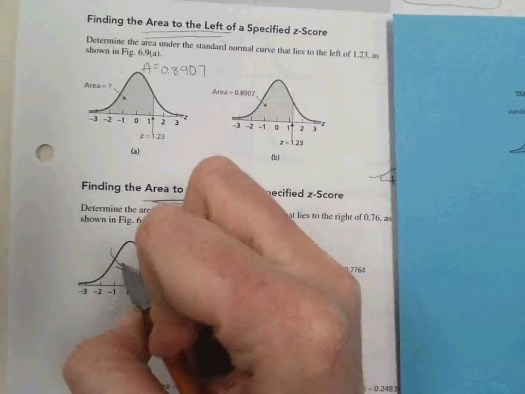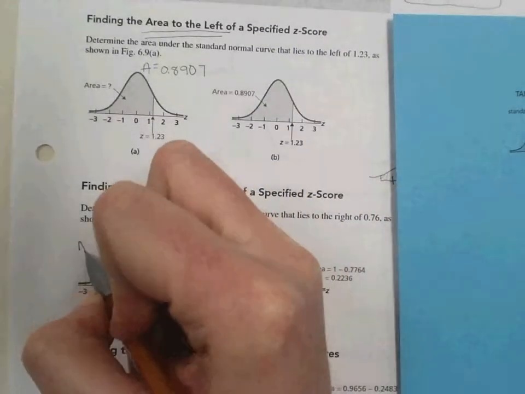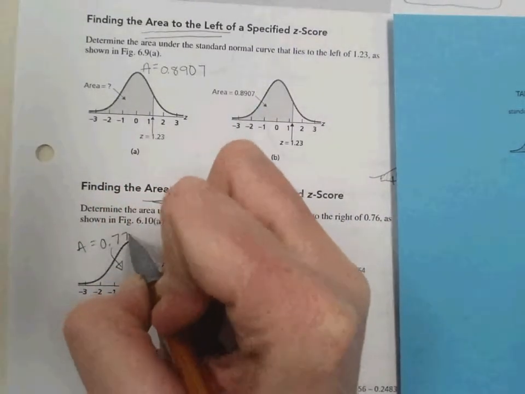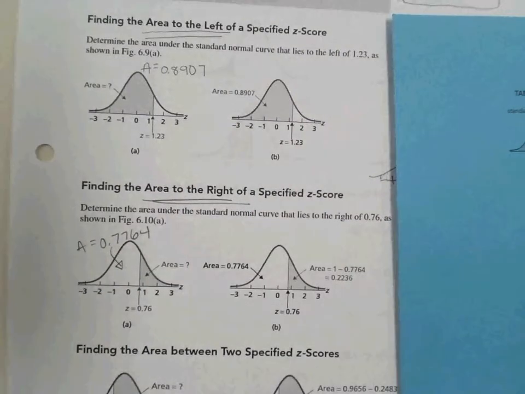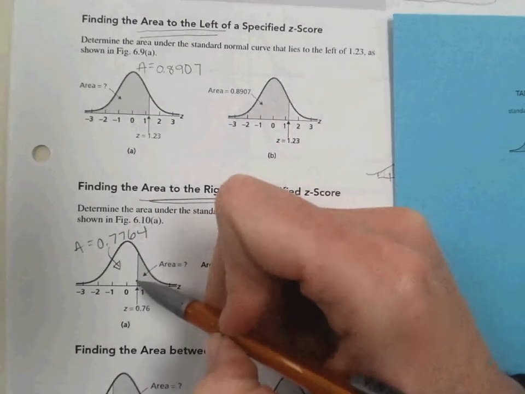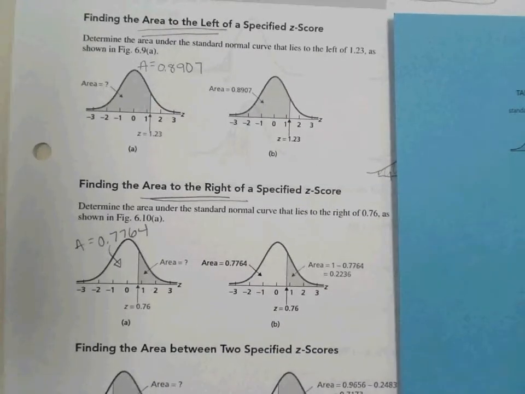So then that value is representing this area. So the area 0.7764 is the unshaded region, since the value on the chart is always to the left of the z-score.